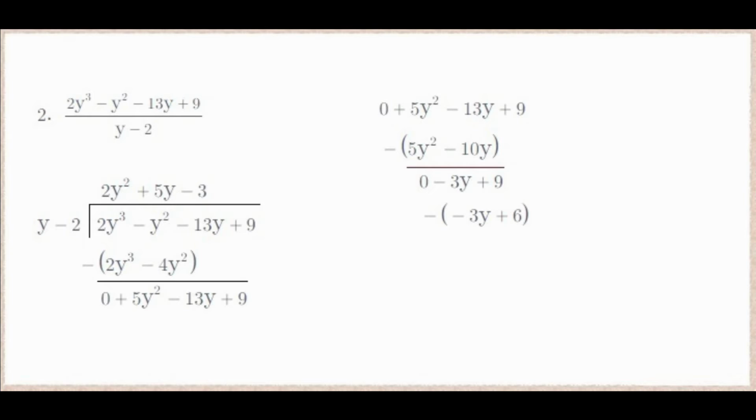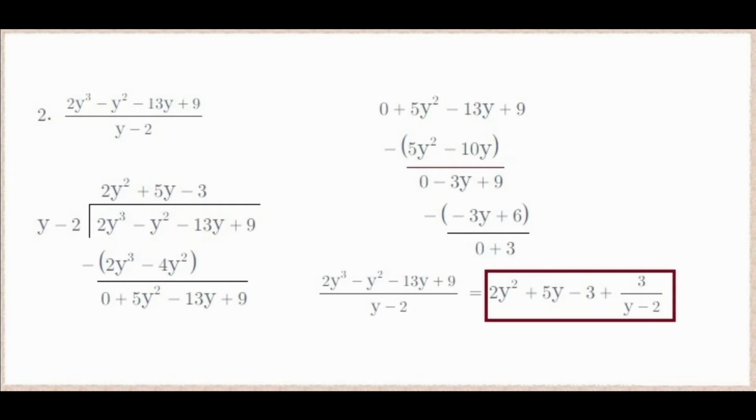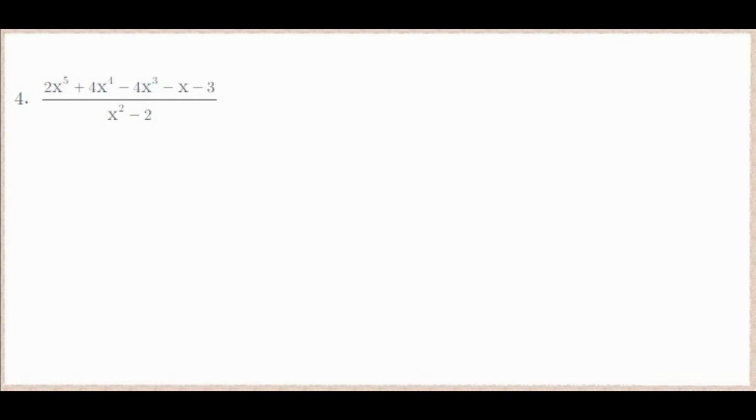So we have negative 3y plus 6. So we're left with 0 plus 3. So we can write that our final answer is 2y squared plus 5y minus 3 plus 3 over y minus 2.